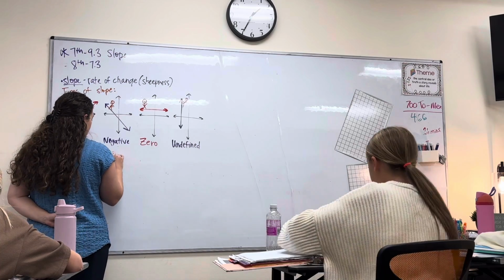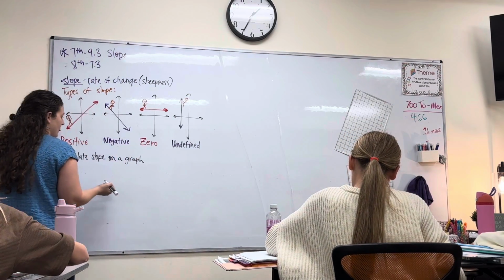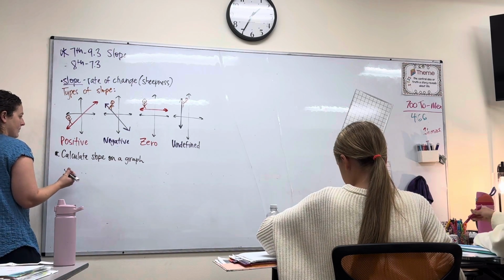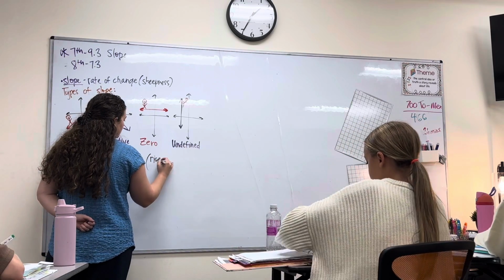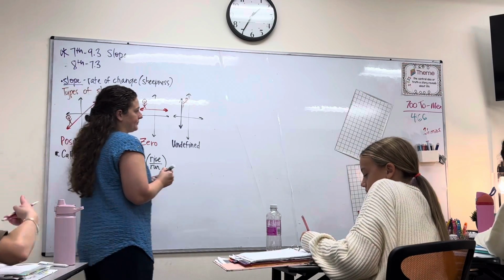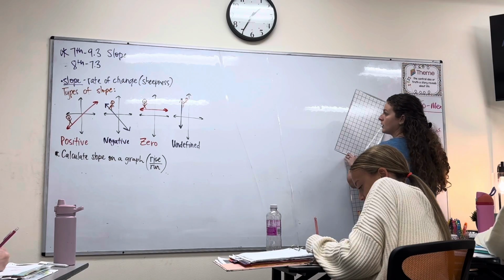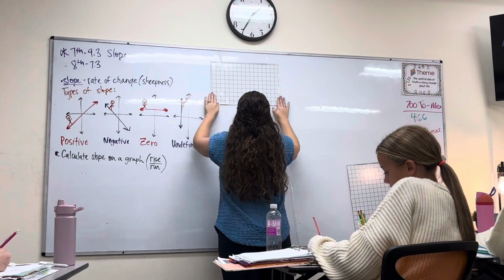We're going to calculate slope on a graph. We're going to do that by doing rise over run.